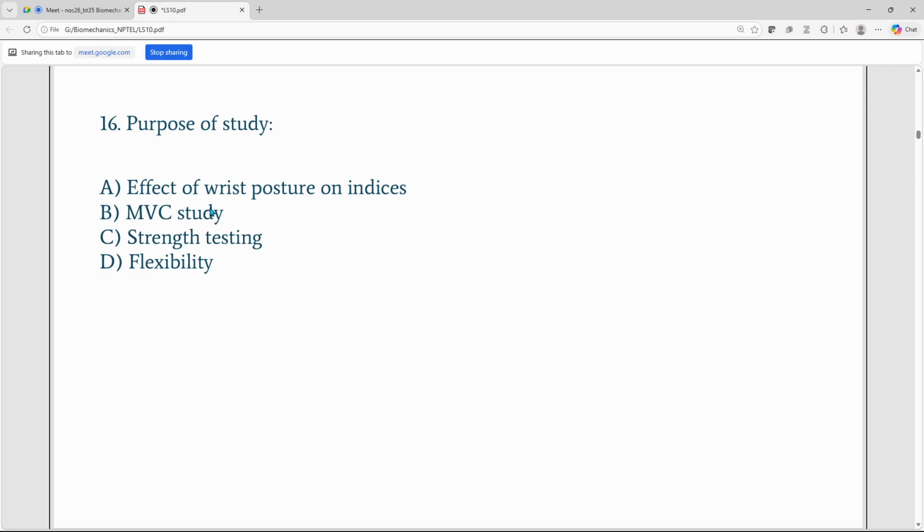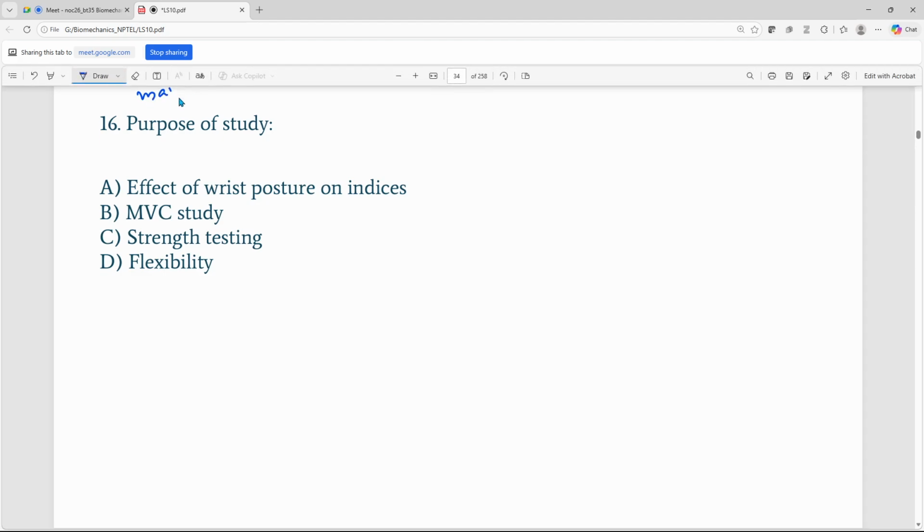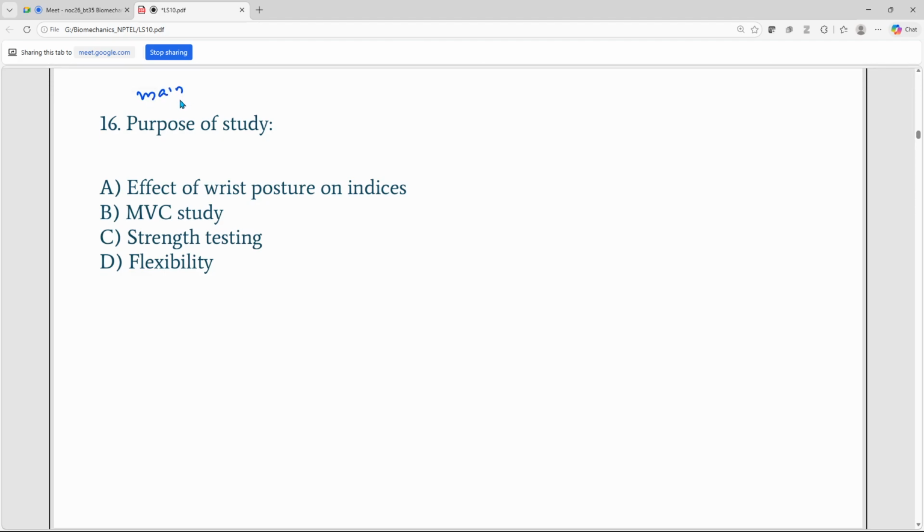So the question is, what was the main purpose of the study? Is it to examine the changes in indices due to systemic changes in the wrist posture? Option B, is it to explore the maximum voluntary contraction of fingers?